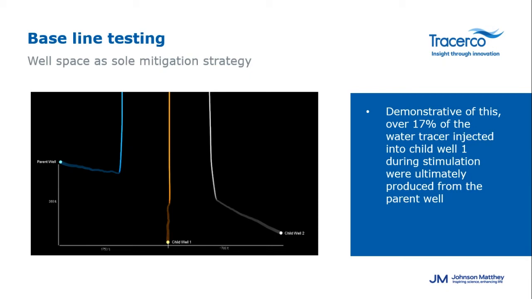As a baseline test, 2 pads were drilled in a similar stacked configuration. Well spacing of pad A had child wells approximately 1,750 feet apart, and the nearest well to the parent landed 360 feet below the parent, as well as 1,750 feet of distance horizontally.